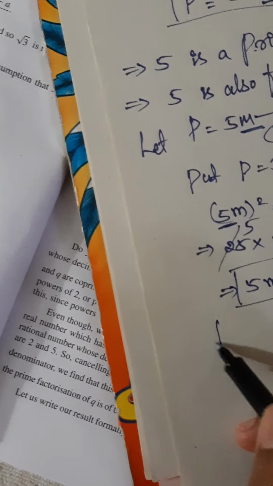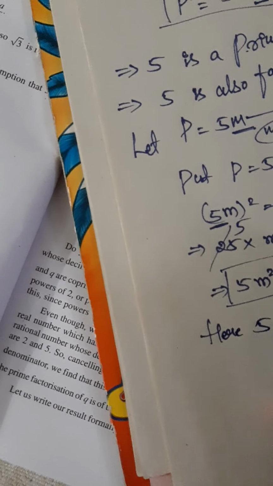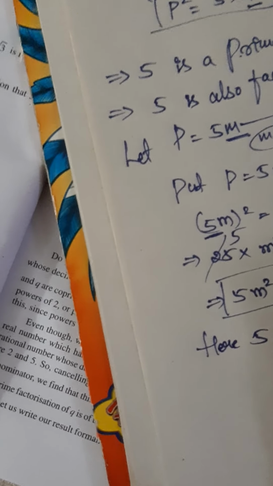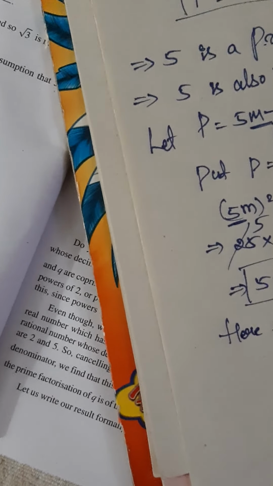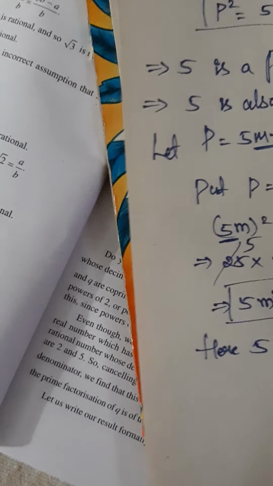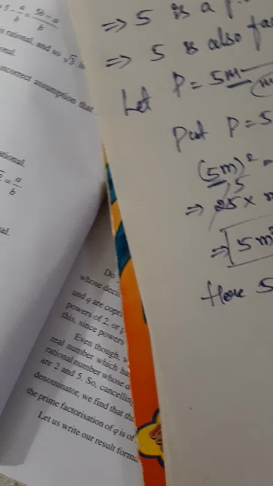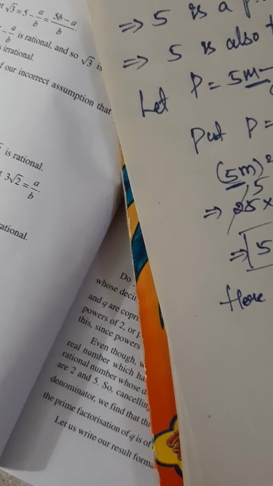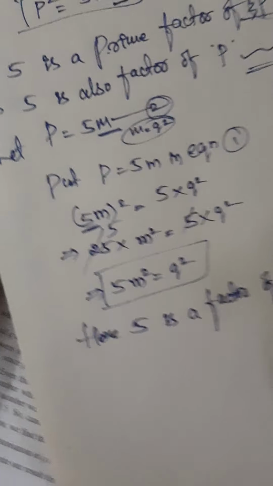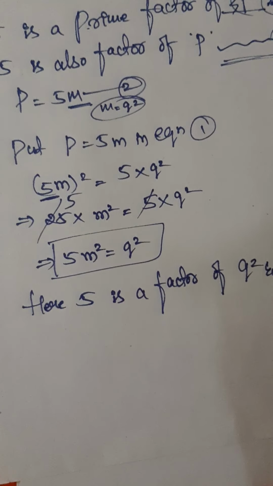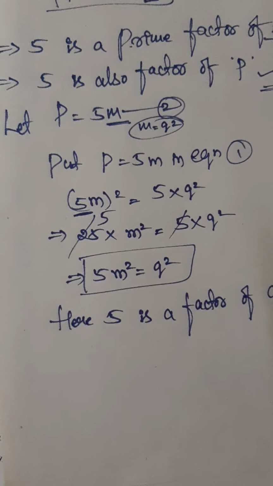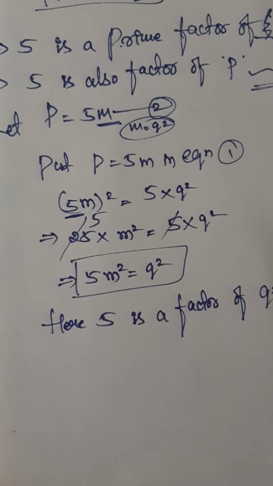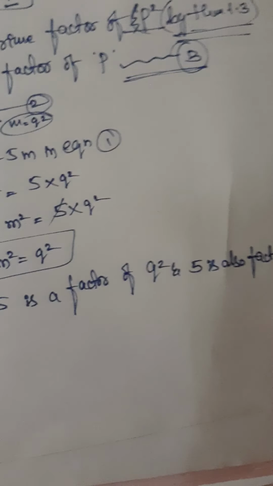Here 5 is a factor of q square, and also 5 is a factor of q.